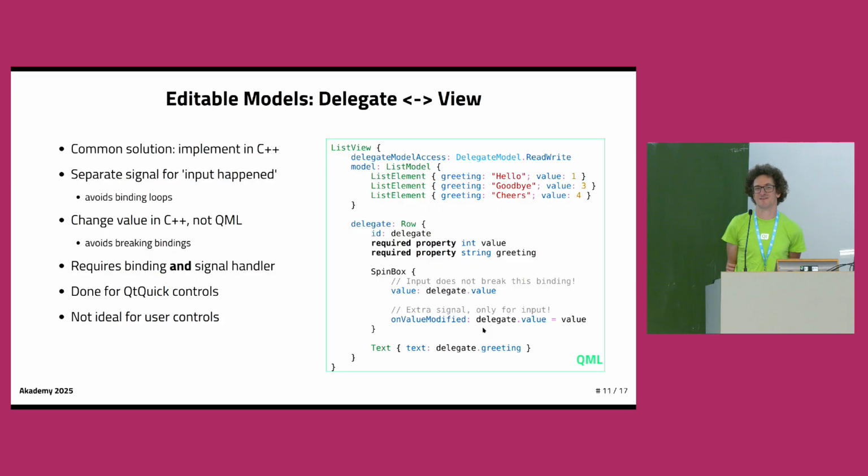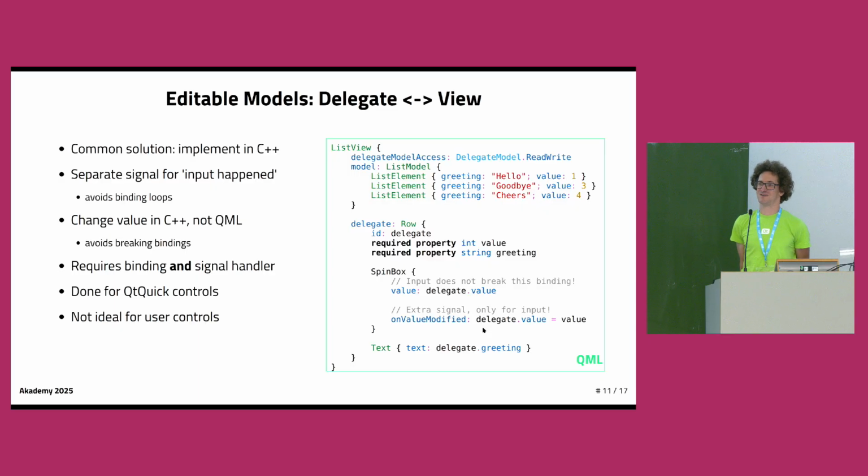And that uses an interesting feature of QML. If you change a property in C++ and it sends its change signal, that does not break any bindings on this property. Only if you change the property from QML and QML sees it being changed, then it does break bindings.